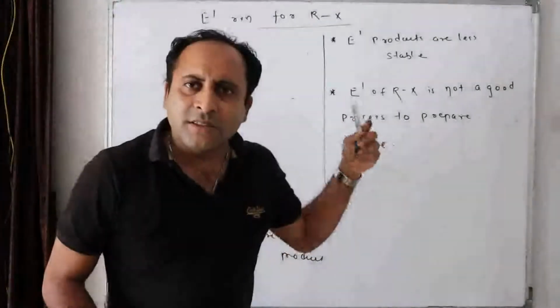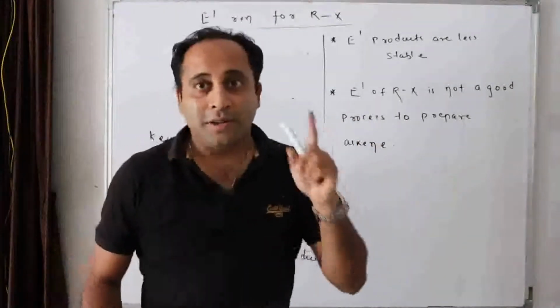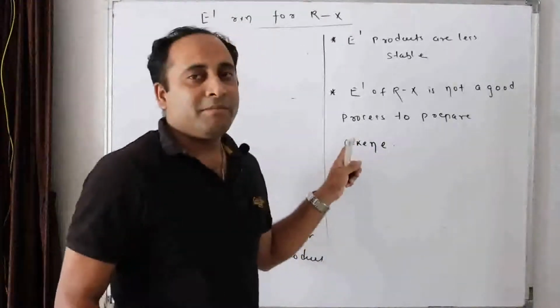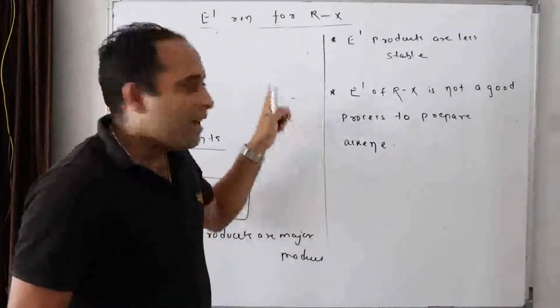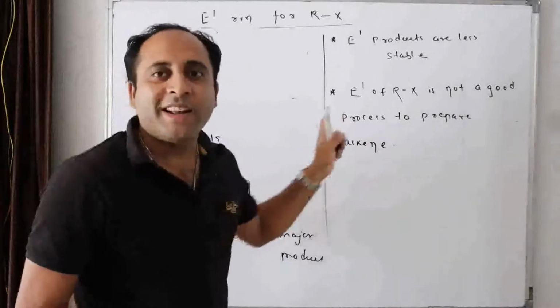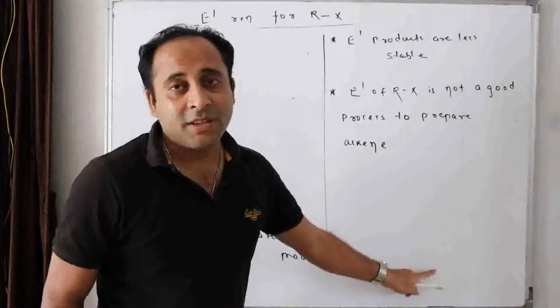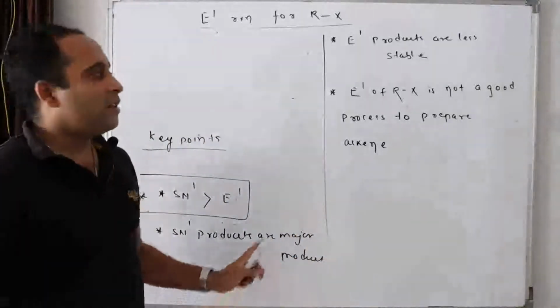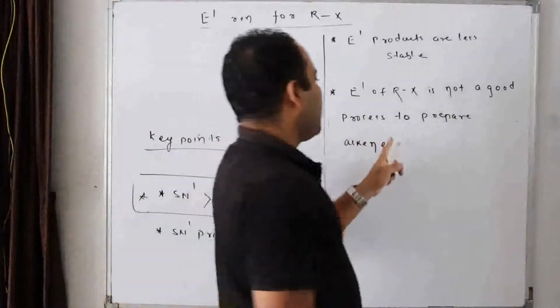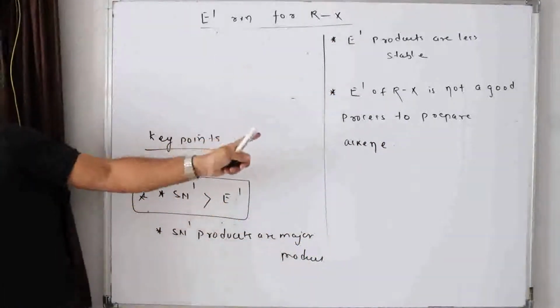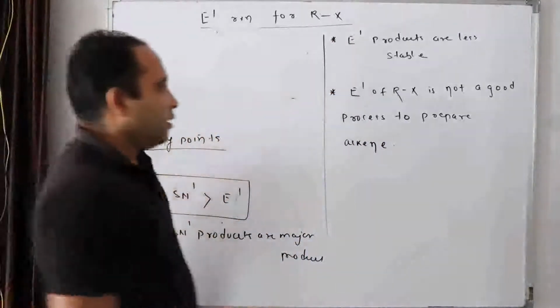Because once the reaction starts, it's sure that if I take alkyl halide and the reaction starts, I'll get SN1 product. Ether is a must and alkenes are less. So it is not a good process to prepare alkene. You see why alkenes are minor products. Clear? Now, what is the next key point?